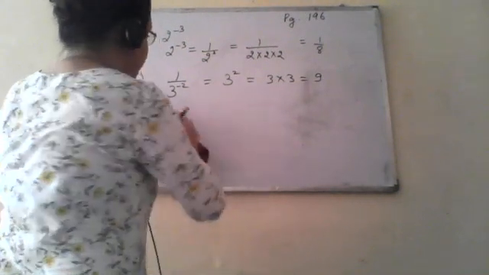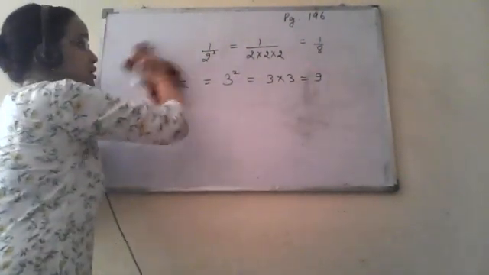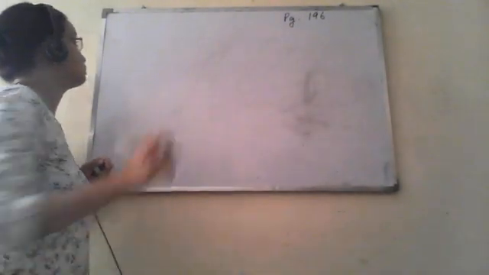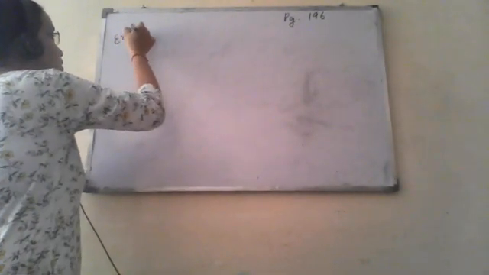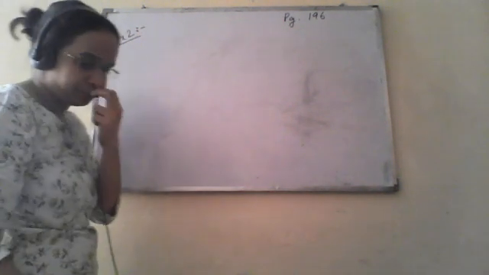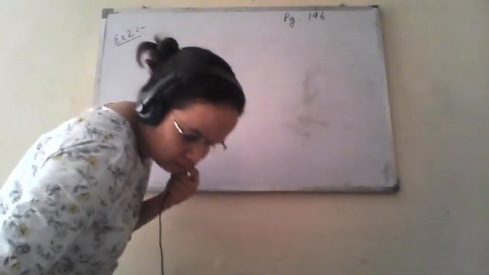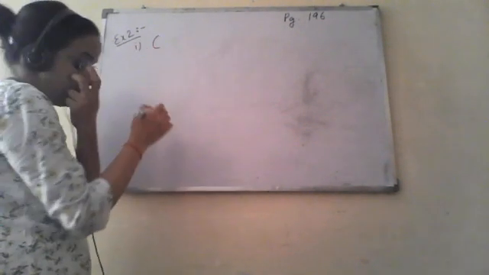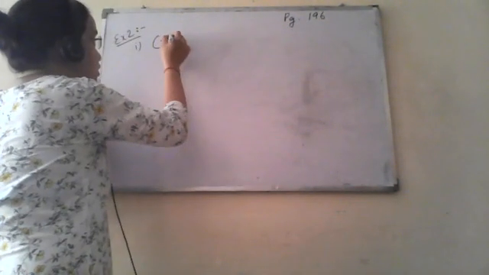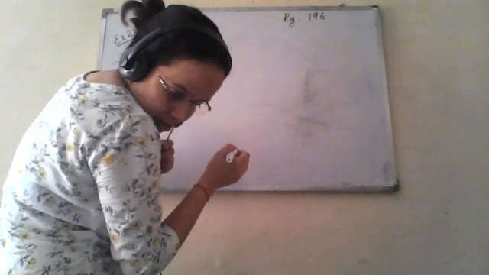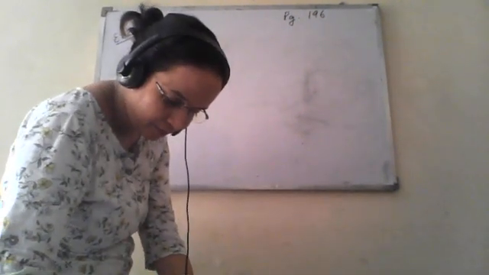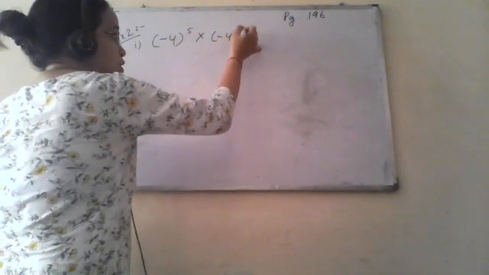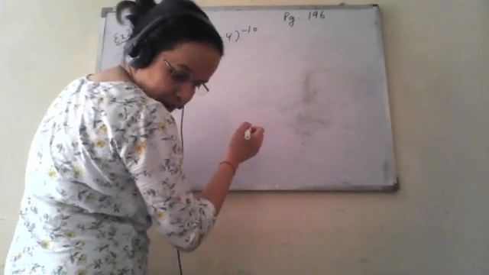Now next example, we have to simplify, that is example number 2. Here it is minus 4 to the power 5 into minus 4 to the power minus 10.